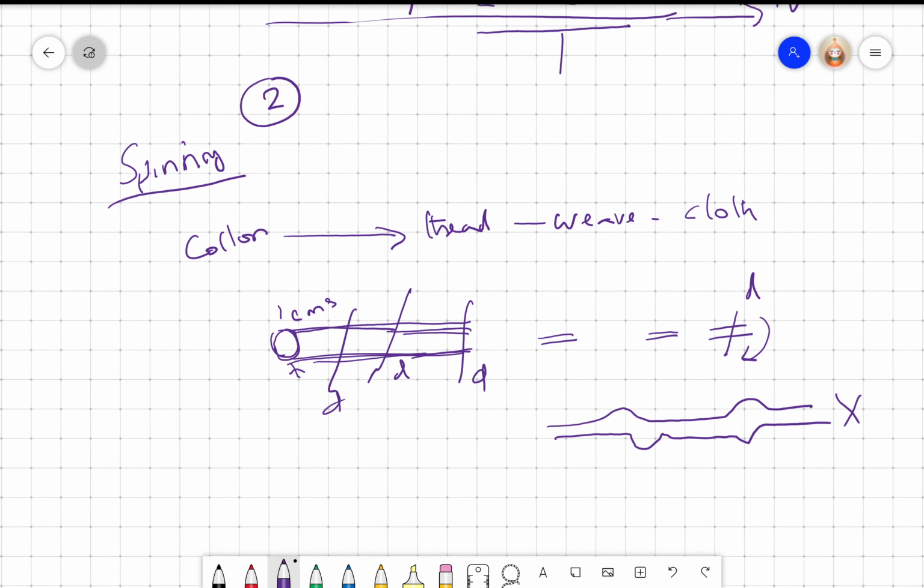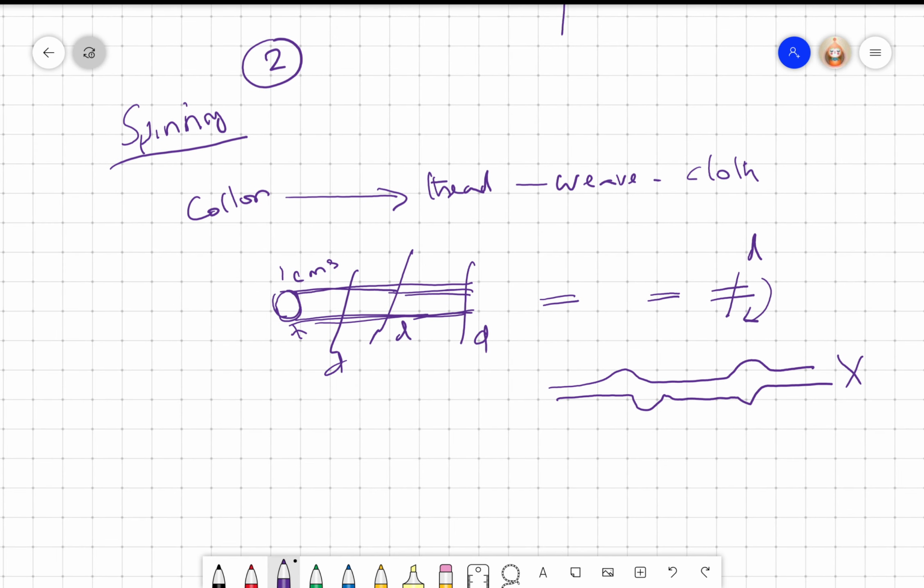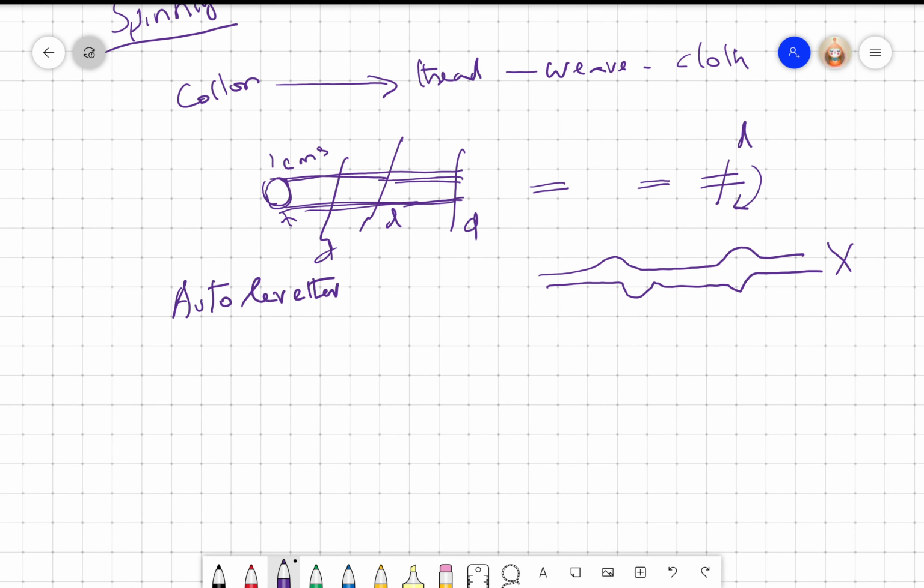So to ensure that the preform, before it gets converted into a thread, is made such that you have uniform diameter across, right? This equipment is called auto leveler. So what you do is you make several preforms, right?